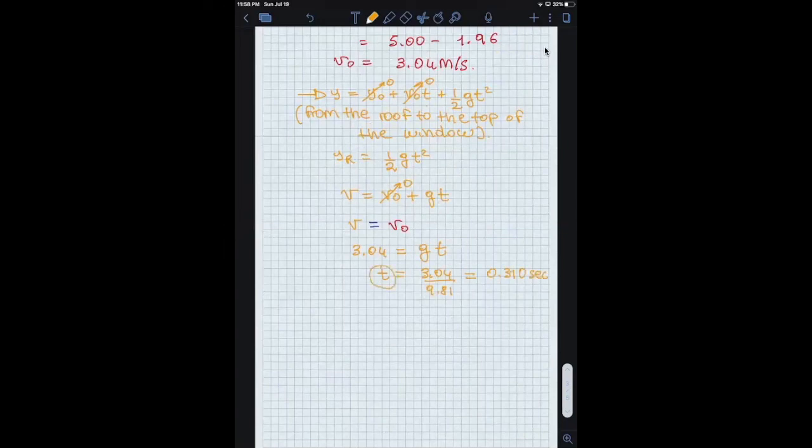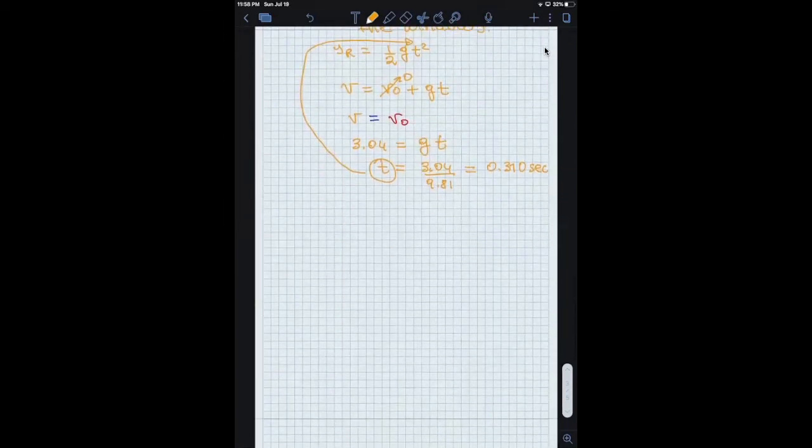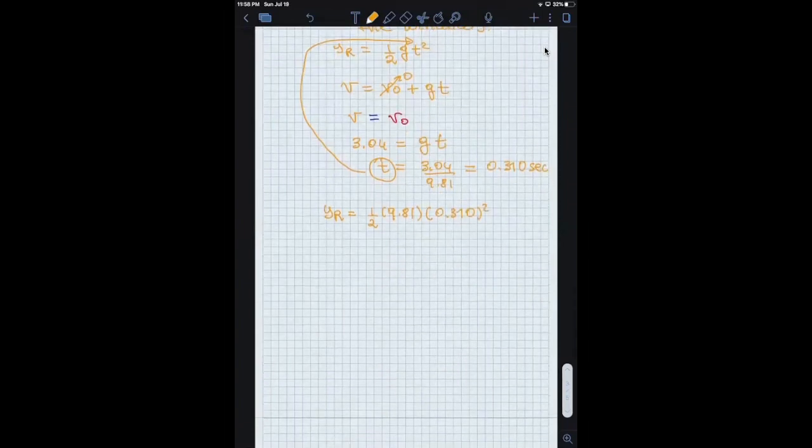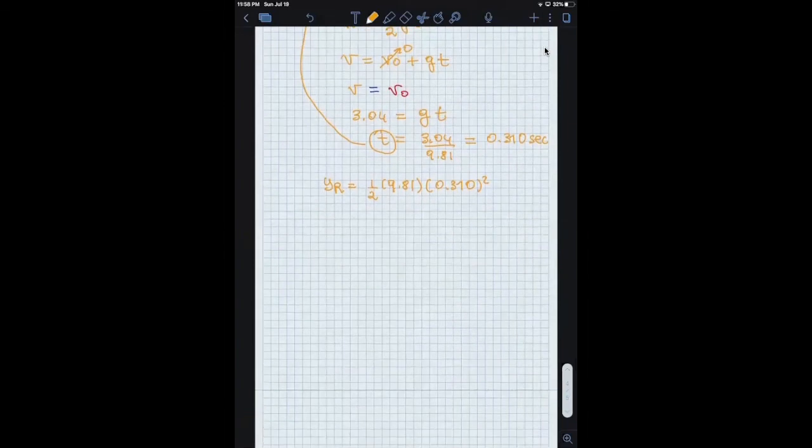Now that I have this t in orange, I can plug that in and solve for YR. Now YR is equal to 1/2 times 9.81 times 0.310 seconds, squared. Then your final answer is 0.471 meters.